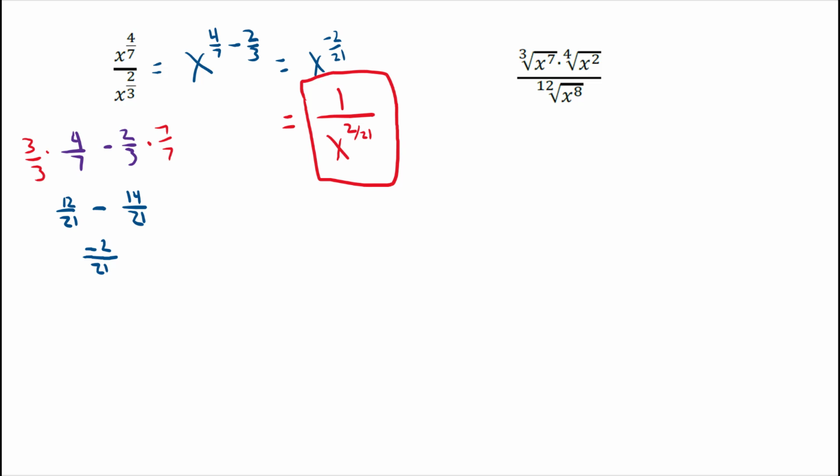Alright, so now we got a pretty crazy radical setup here. And we're going to need to put these in exponential form and simplify from there on this next one. So let's go ahead and write this in exponential form to begin with, by following our rule: when we have the b root of x to the a power, that gives us x to the a over b.